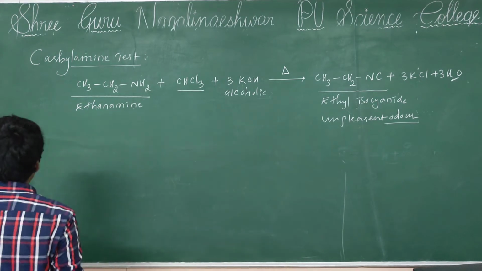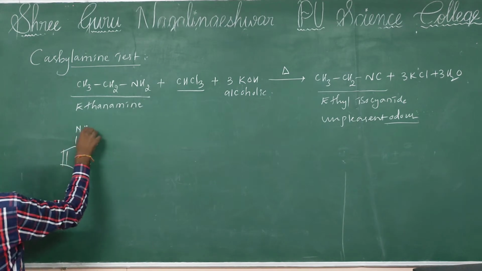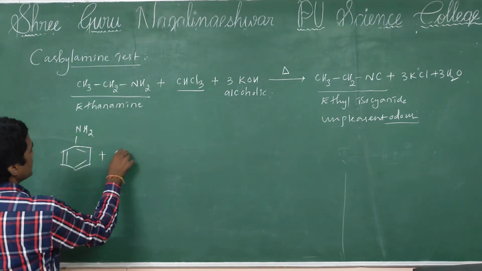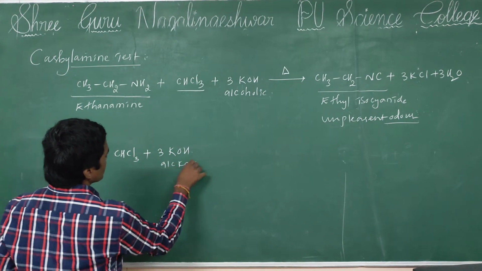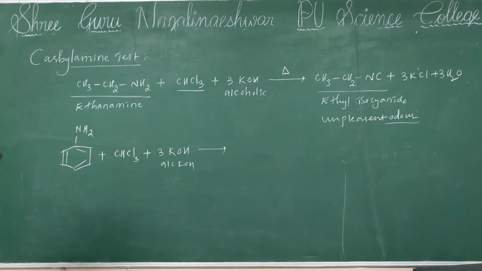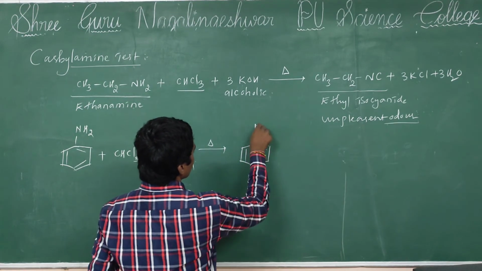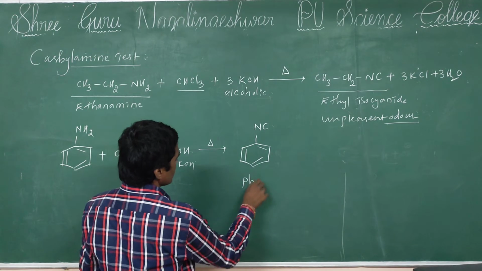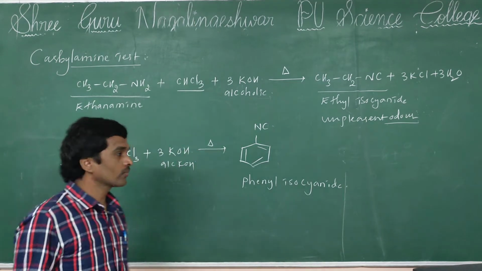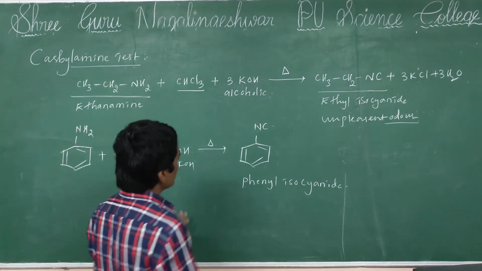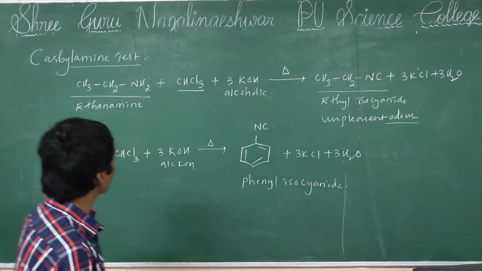For example, if you take aniline, aniline reacts with chloroform plus 3 moles of alcoholic KOH, and in the presence of heat, phenyl isocyanide will be formed, plus 3 moles of KCl plus 3 moles of H2O.